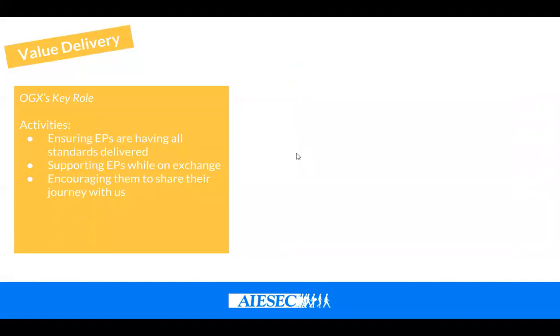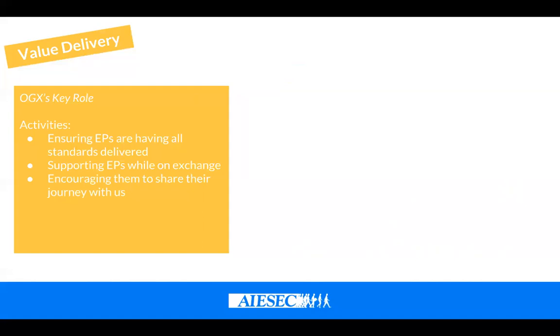And then when it comes to value delivery, again, this is where OGX plays the key role. We need to ensure that we're working with our hosting entities, the projects that the exchange participants are going on, and ensuring that all 16 standards are being delivered. This is because by delivering all 16 standards, this is how exchange participants can actually develop that leadership that we promise.